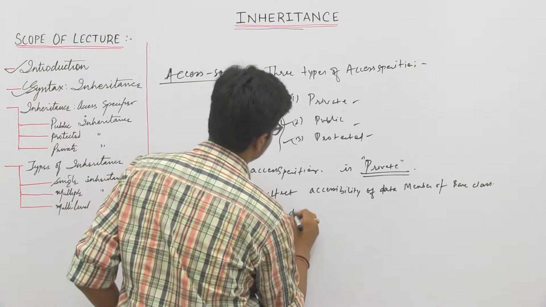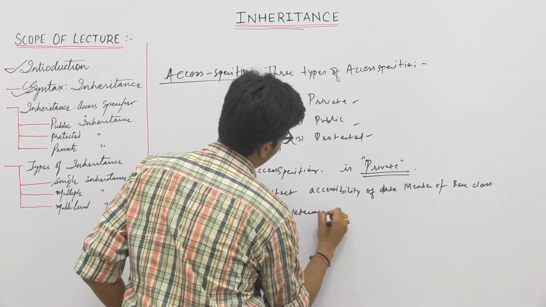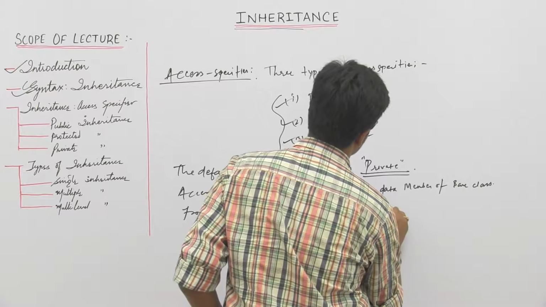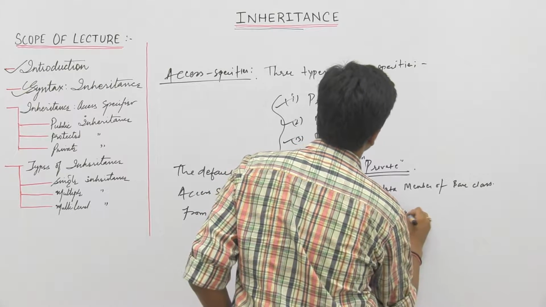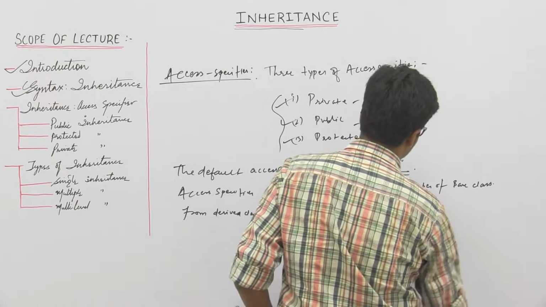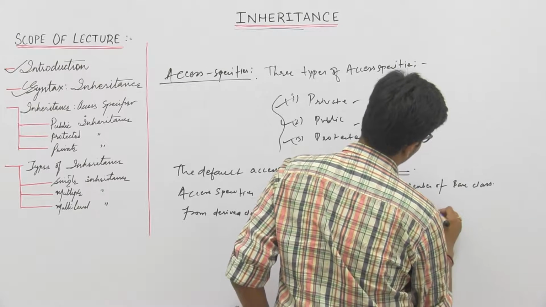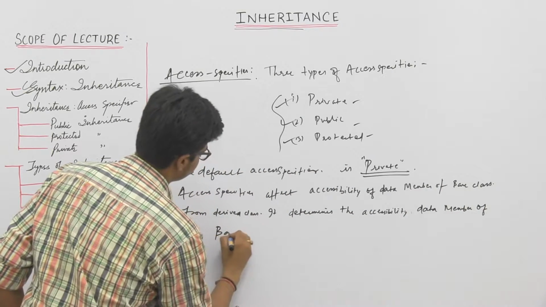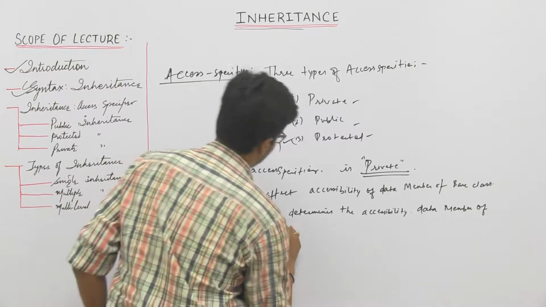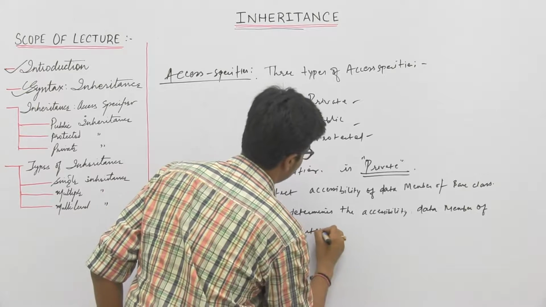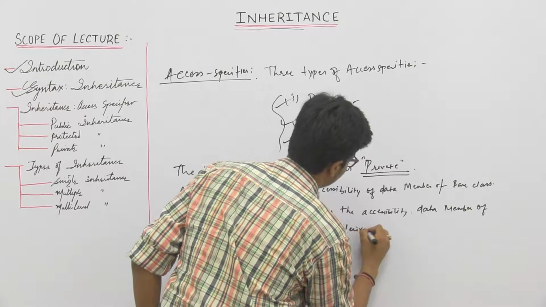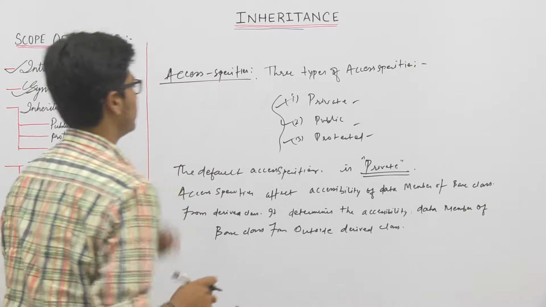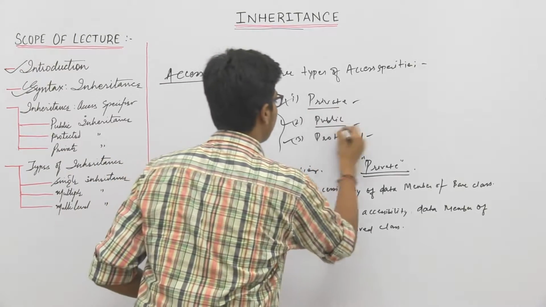It determines the accessibility of data members of the base class from outside the derived class. So in access specifiers we see three types: private, public, and protected.